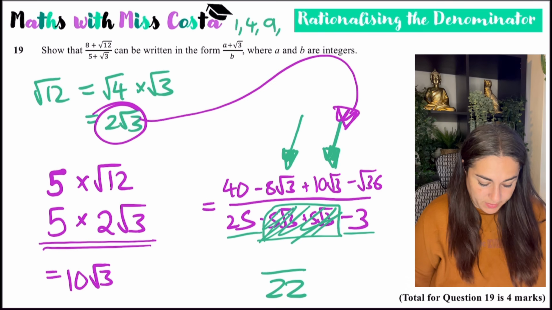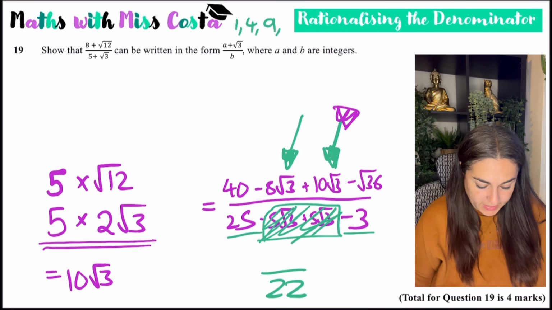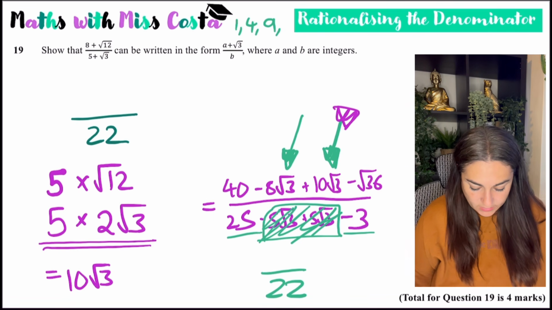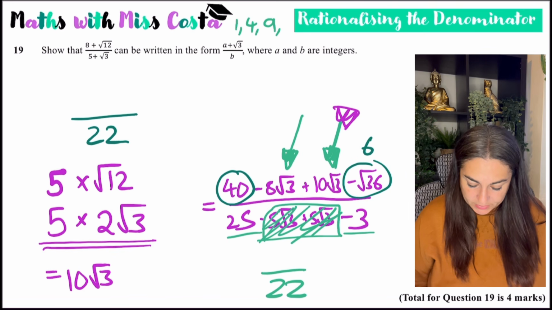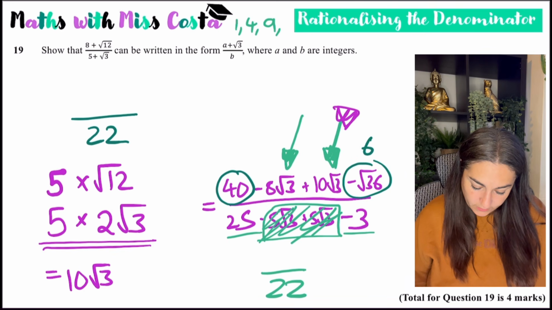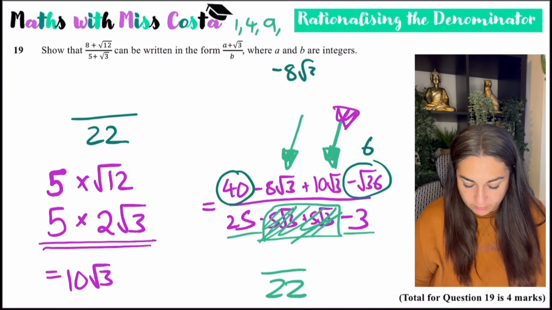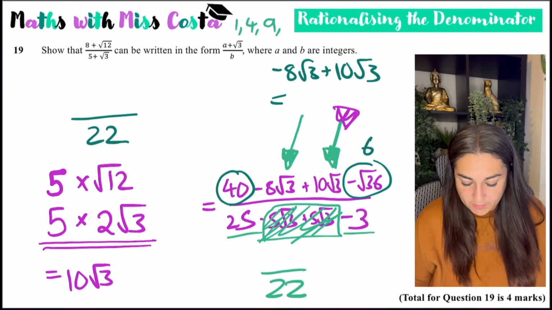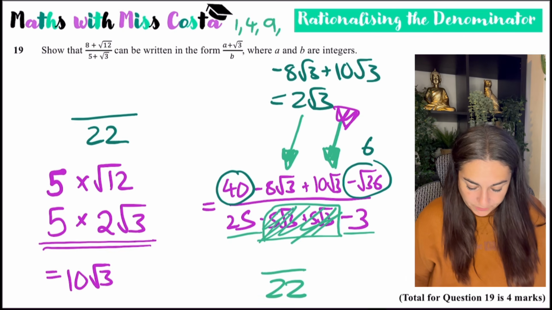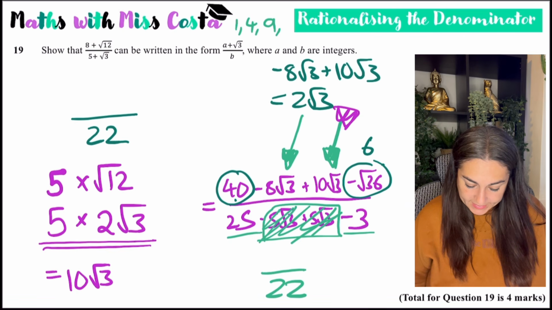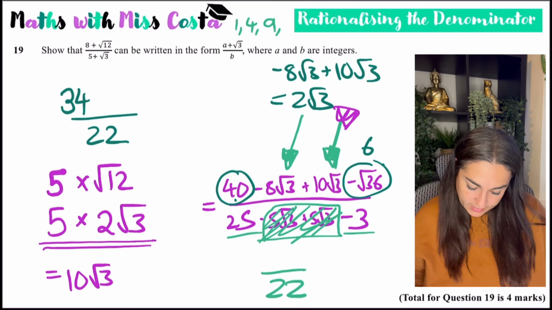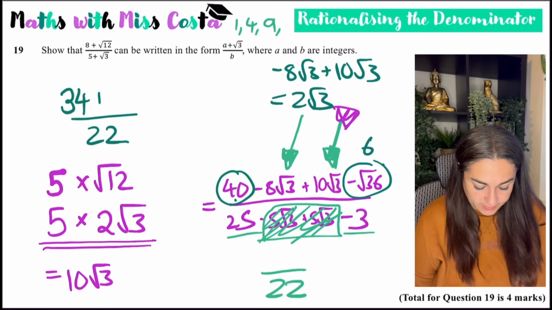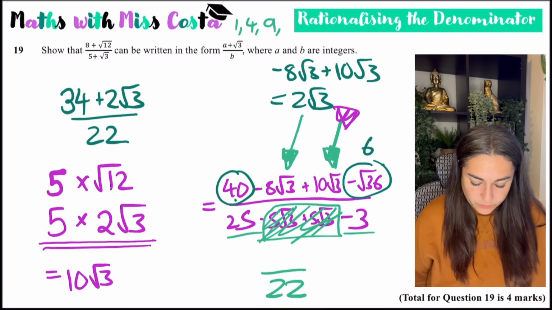Now, what has happened is I've got my denominator here, which is 22, and I've got 40 and minus root 36, which is 6, and I've got minus 8 root 3 plus 10 root 3, and minus 8 plus 10 is positive 2. So 40 take away 6 is going to be 34, and plus 2 root 3.